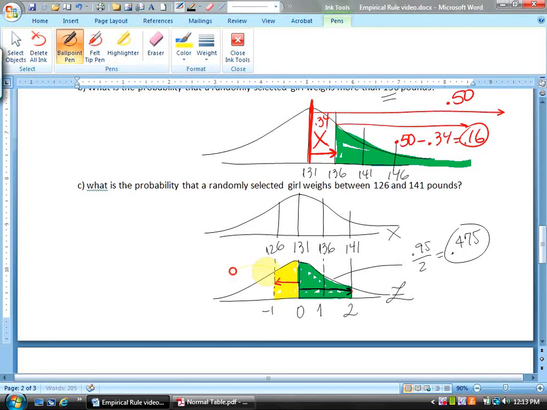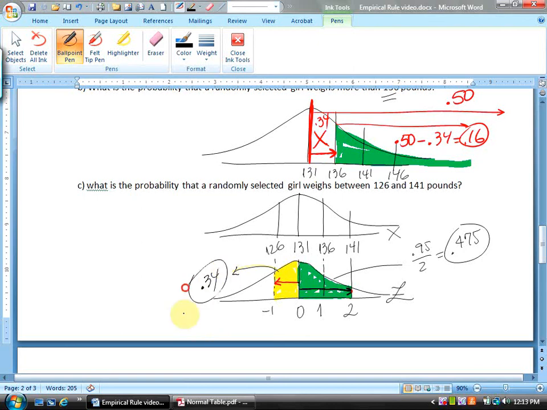This part is half of 68 because I went one side only. I didn't go both. So that is only 34.